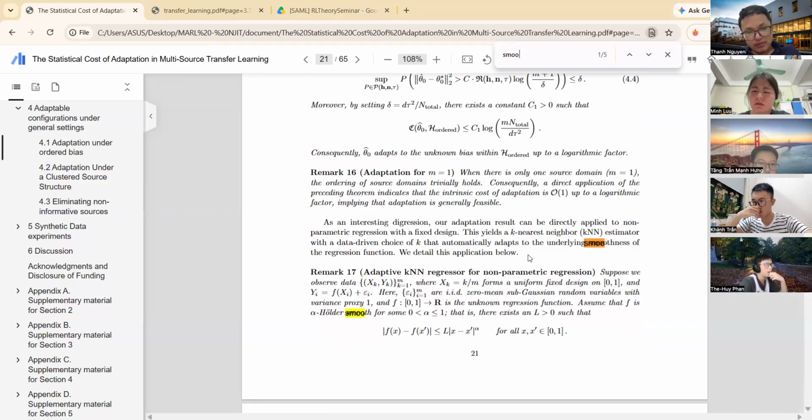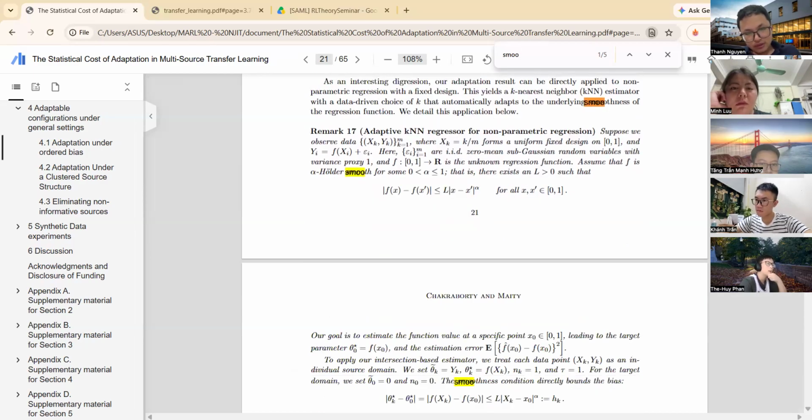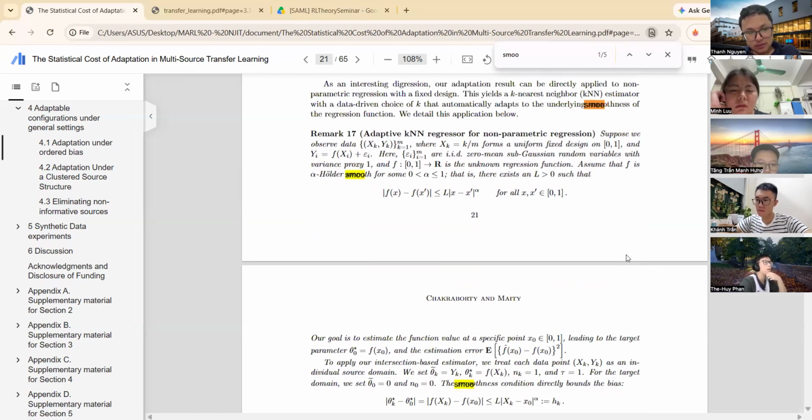It's not exactly Lipschitz because of alpha, so they call it alpha-Holder smooth. If alpha equals 1, it's Lipschitz, so it's more general. In general, alpha depends on the structure of the function and can be smaller than 1.